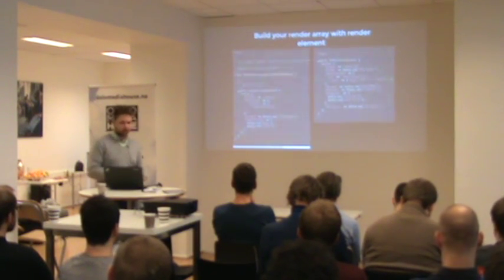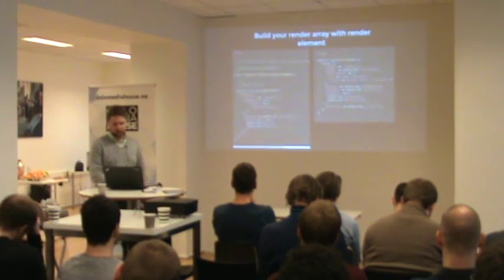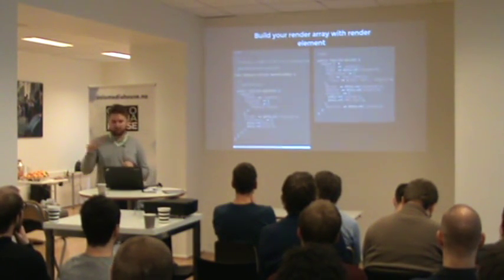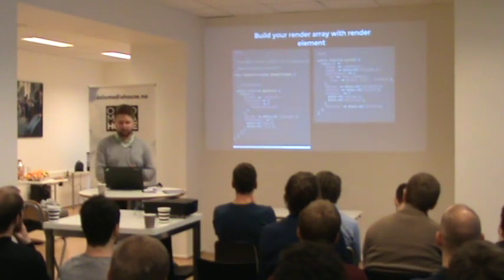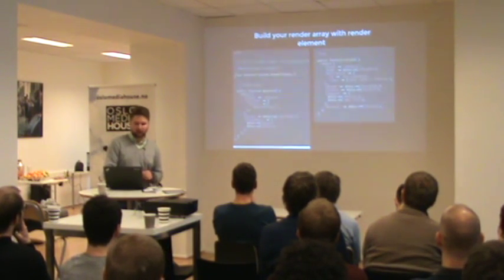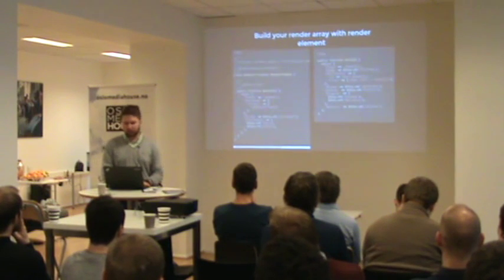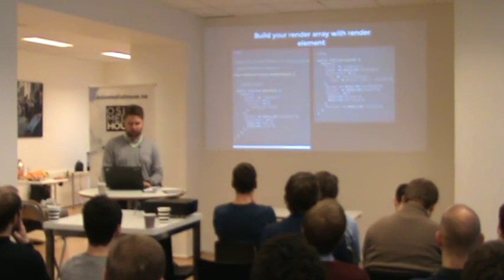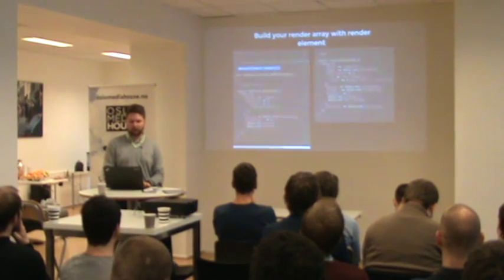So, what is the difference? You build a render array. Instead of calling #theme, you call #type, and it will call a render element. And so here we have the type sandwich. This is the same as the sandwich over here.